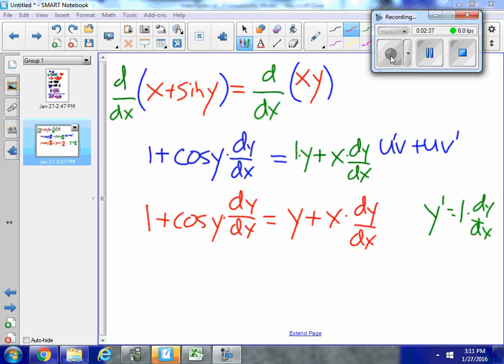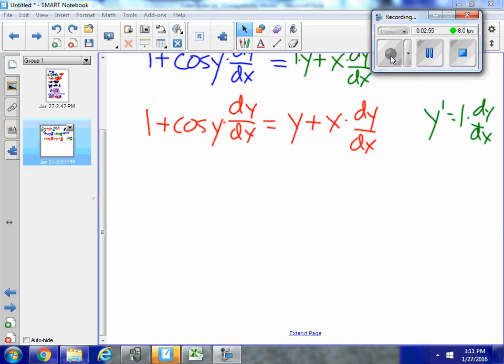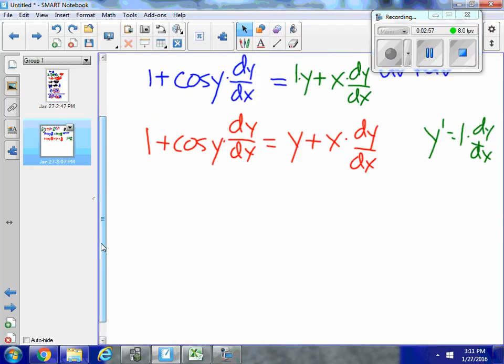Now what I need to do, I'm trying to find the derivative with respect to x. In other words, I am trying to find dy/dx. Well, dy/dx is going to be some kind of a number. So I want to get all the dy/dx's on one side of the equation. I'm going to put it on the left side.